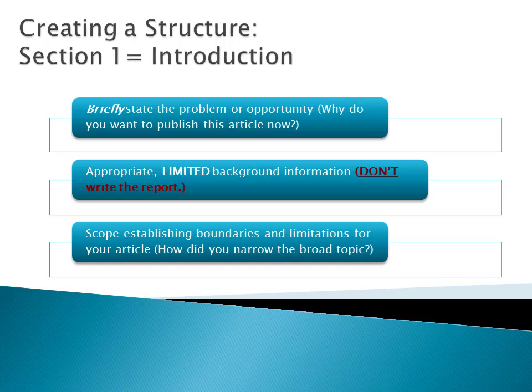Don't write the report. 1 to 3 pages. Please don't email me or call me and say, but I've just got so much I want to give this editor about this topic, because he won't care. He only wants 1 to 3 pages to decide if he should give the approval for you to go ahead.